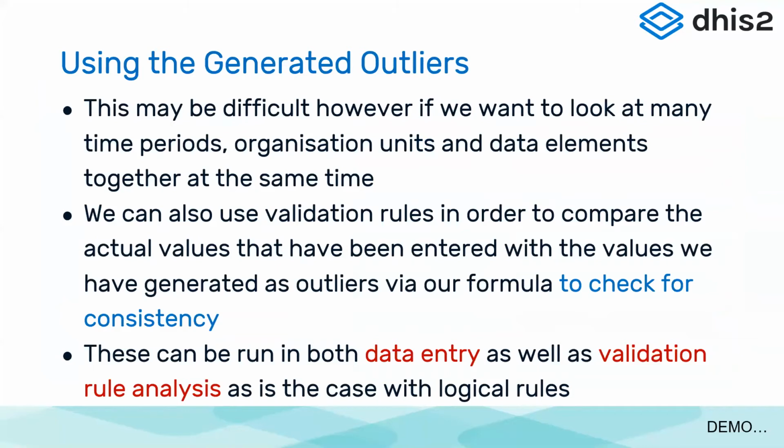The manual procedure is usually very difficult, because if you have a lot of values, and if you are hoping to calculate it for different time periods, organization units or unit groups, the manual procedure will be very difficult. So the easiest way is to automate the procedure through validation rules.